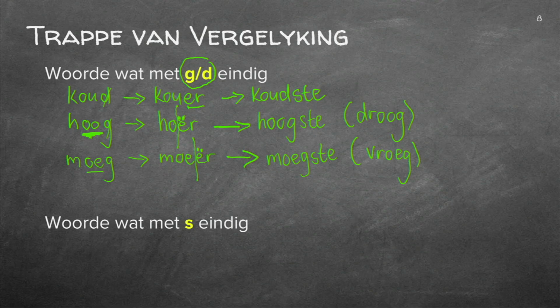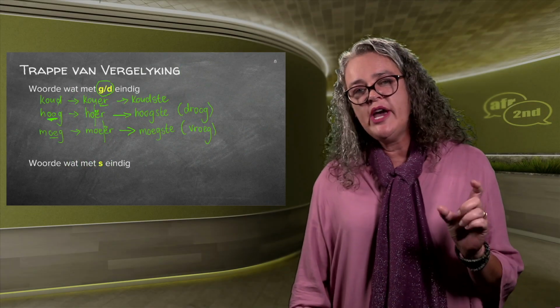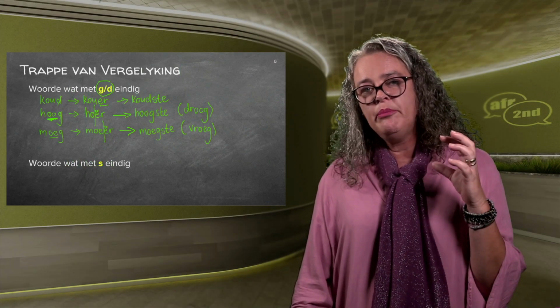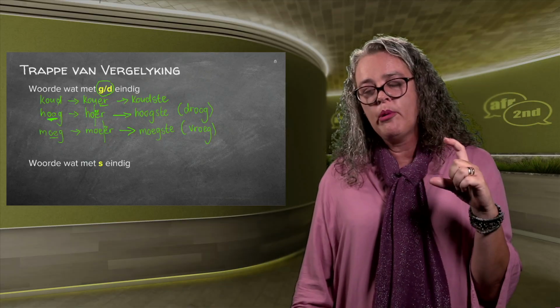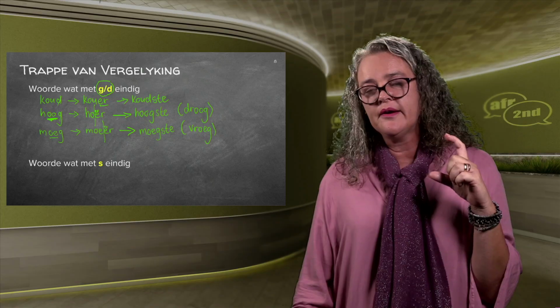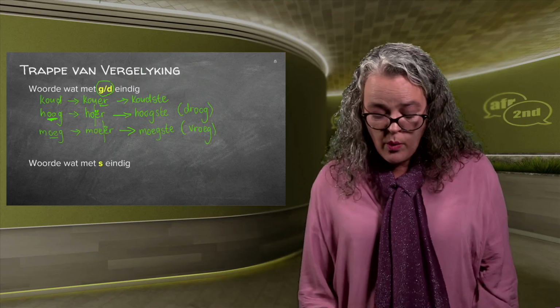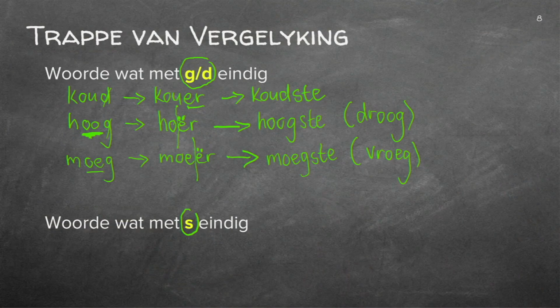Up to now, you would have noticed that the changes in the word only happens in the second step of your trappe van vergelyking. However, when a word ends on an S, we are going to make a change in the third step. Fluks.